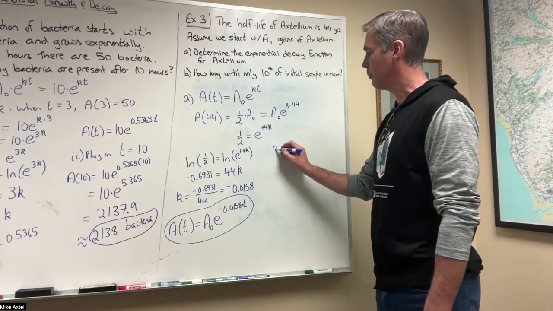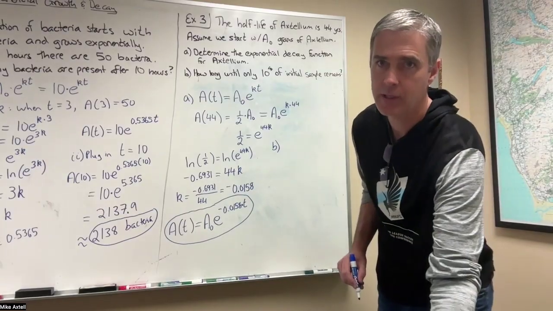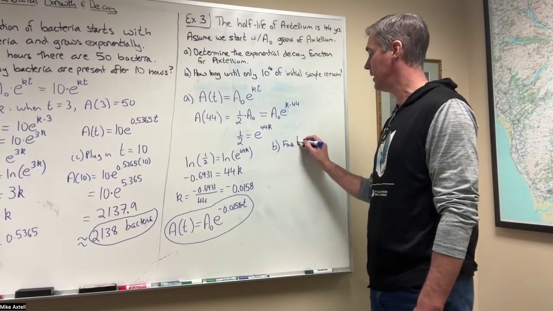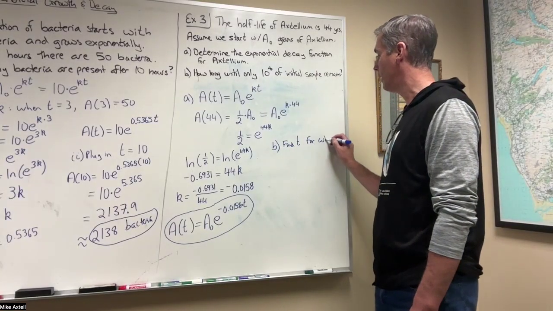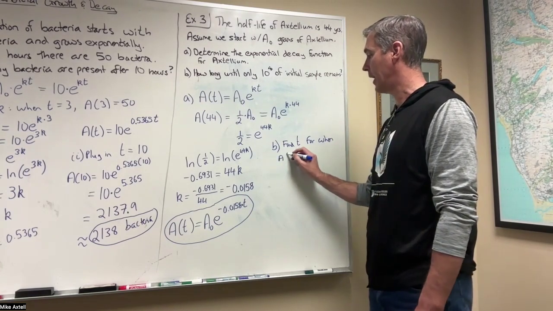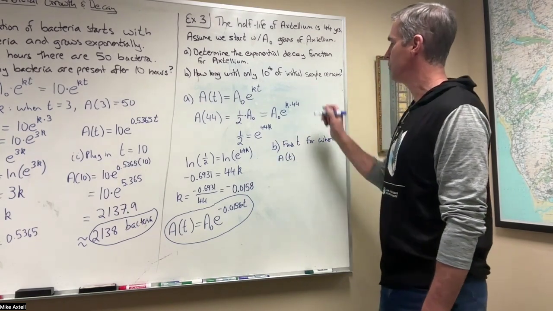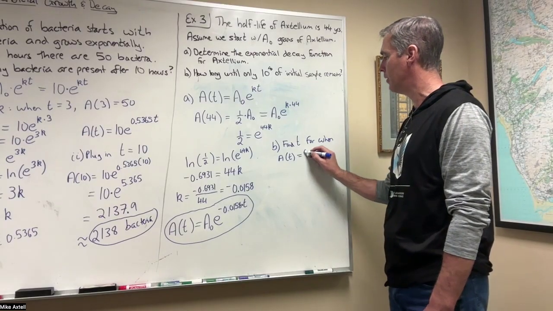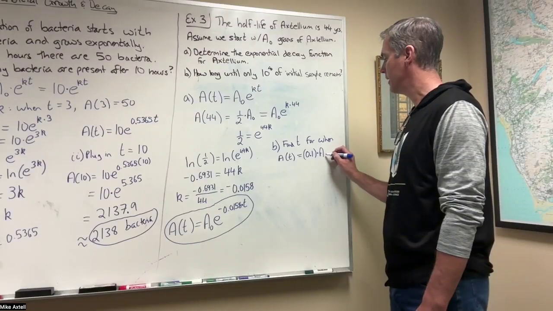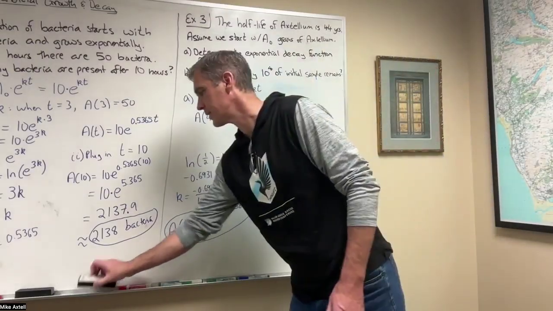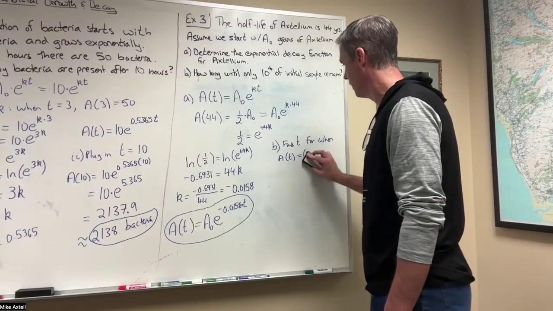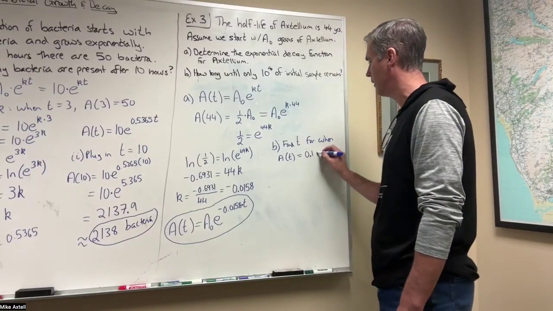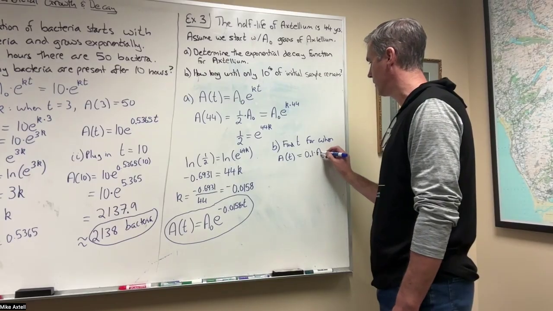All right, well, let's look at part B. So part B says, how long will it be? So I'm trying to find t for when the amount after that many years is 10% of the initial. So 10% of the initial is 0.1 times A0.